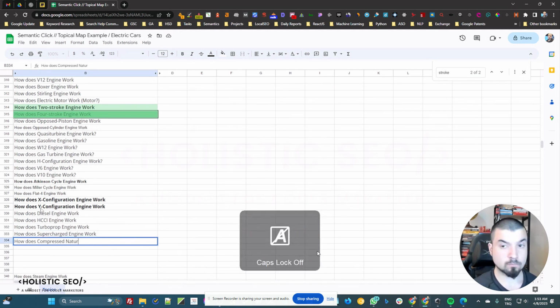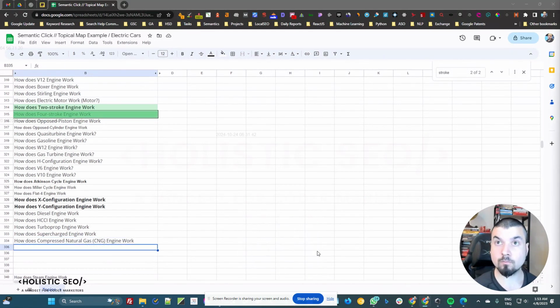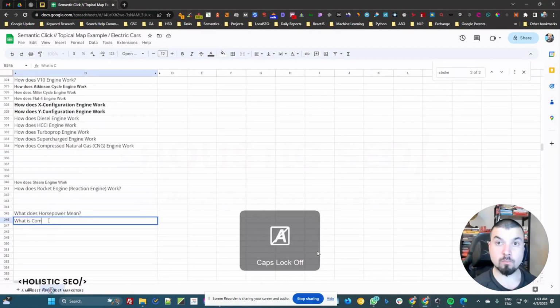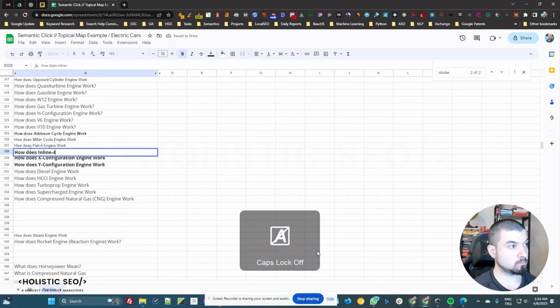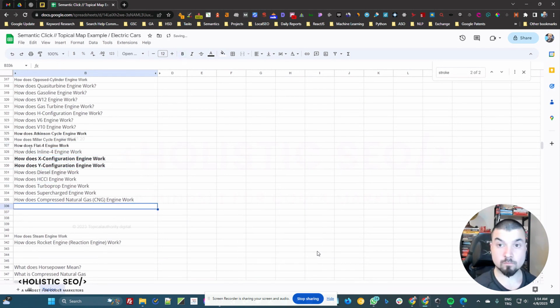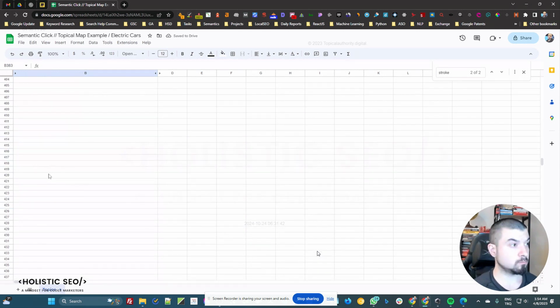It will be connected to the history of cars at the same time. So X configuration, Y configuration engines also are processed, and compressed natural gas or CNG engine has been added there too. Whenever we add a specific type of engine to the top, we also expand our author section of the topical map even further with certain types of definitions or definitive concepts.